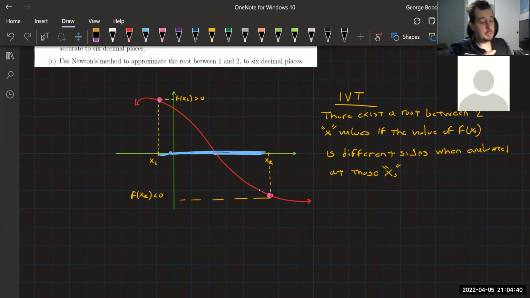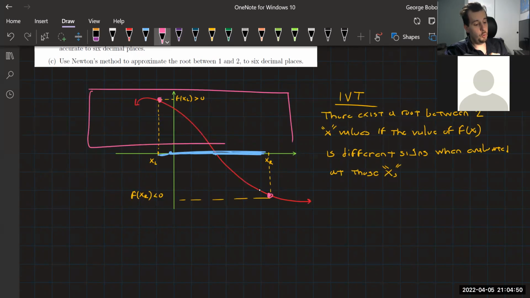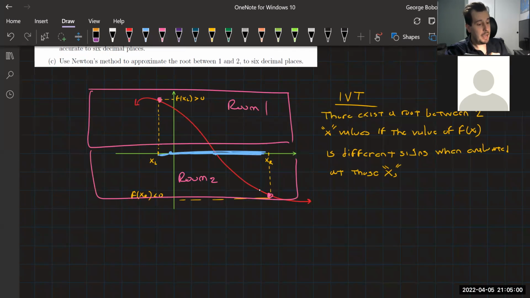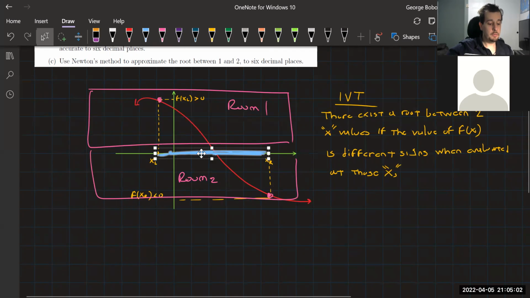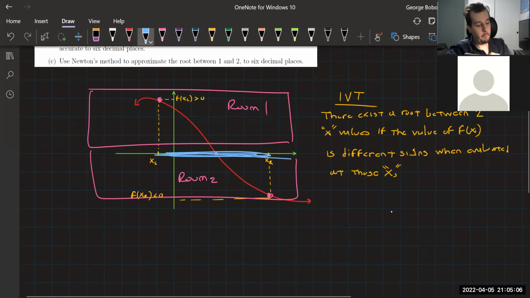Right? You can think of it as you being in a room here, and the room next to you. Let me explain this in terms of rooms. That's room 1, and that's room 2. If you're in room 1 right now, you have to have a door somewhere over here.